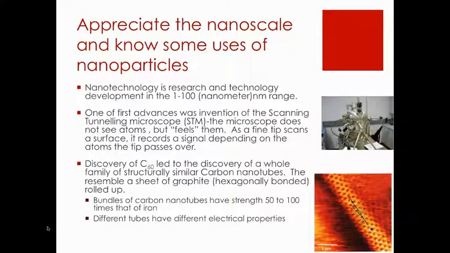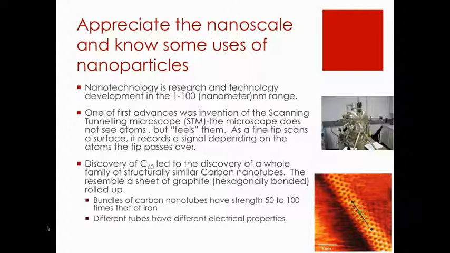Appreciate the nanoscale and know some uses of nanoparticles. Nanotechnology is research and technology and development in the nanometer range, 10 to the minus 9 meters.